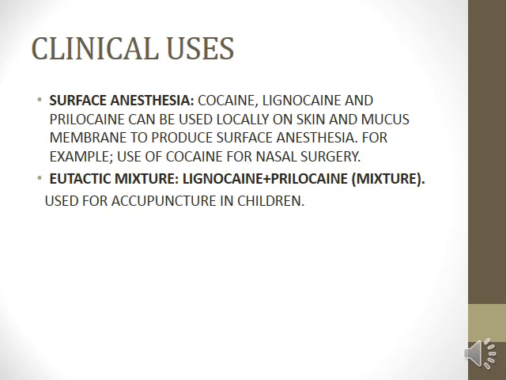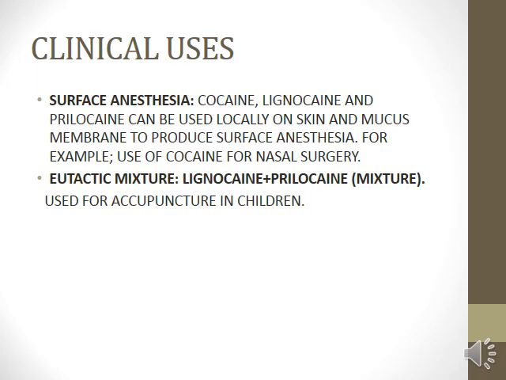So up till now we have discussed the different clinical uses of the local anesthetics. First of all, we can use the local anesthetics for the infiltration anesthesia. Then we can use the local anesthetics for the regional block. Then we can use the local anesthetics for the induction of the surface anesthesia.